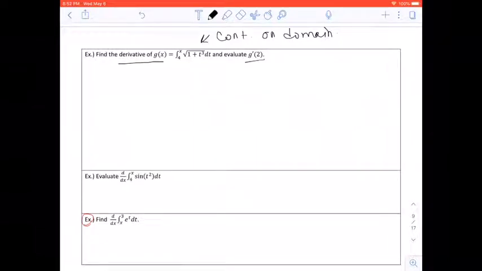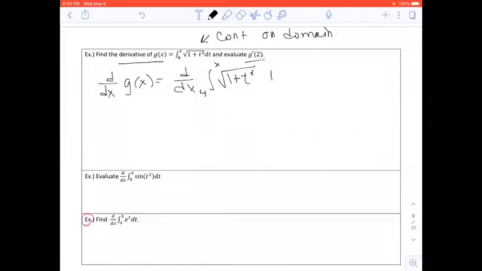The next thing that we have is going to be finding out the derivative of g of x, which is going to be the derivative of the integral from 4 to x of the square root of 1 plus t cubed dt.